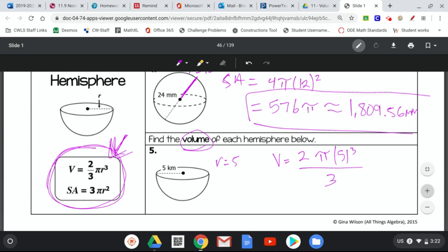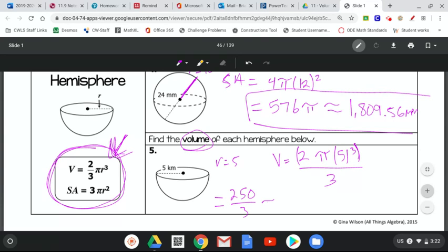Okay, so when you do that, I think it's a little bit easier to plug it in your calculator because you just put that in parentheses and you divide it all by 3. So when you do this, the volume for the exact answer is going to be 250 over 3 pi. So that's going to be your exact answer.